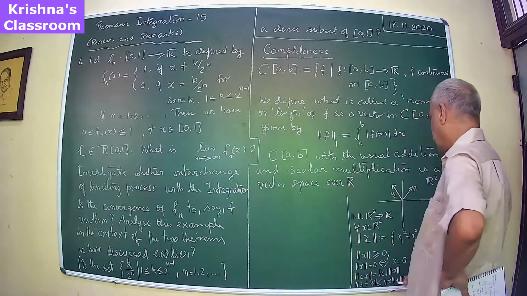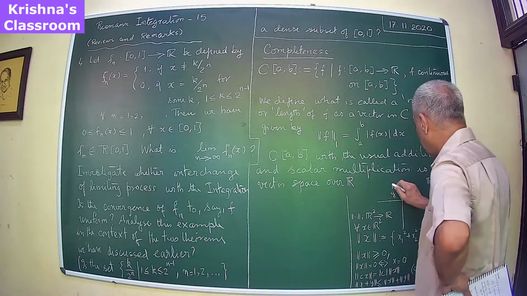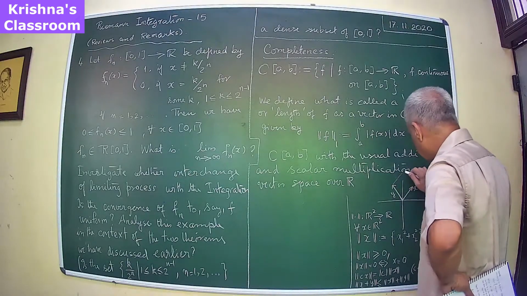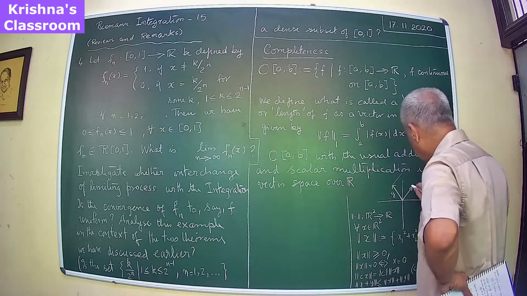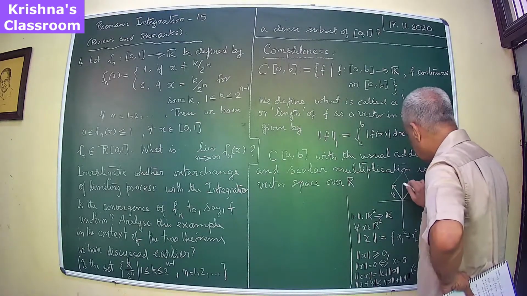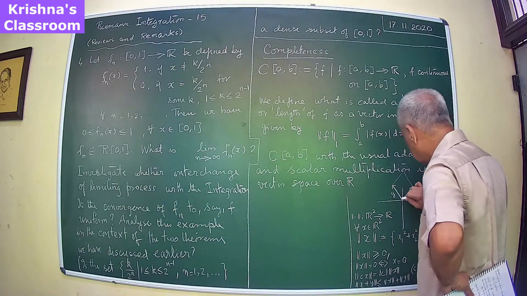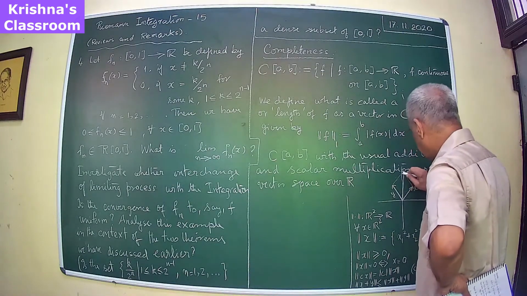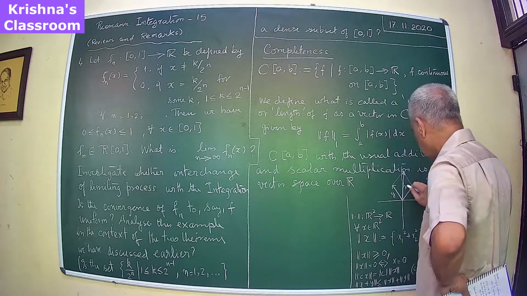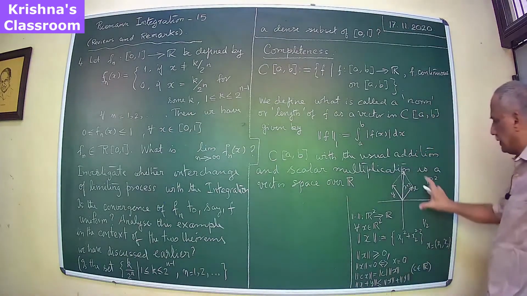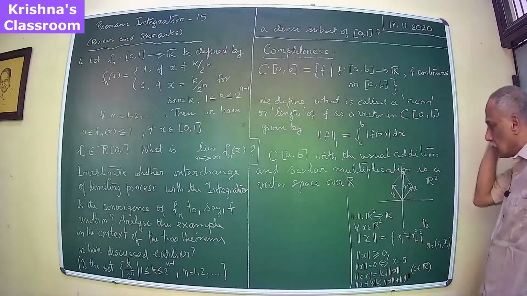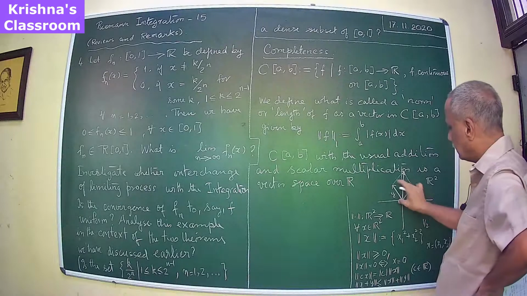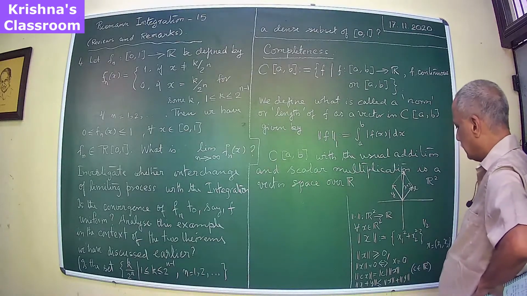And you also have the norm of x plus y. What is x plus y? How do you get x plus y? You get x plus y by completing the parallelogram. So this is the vector x plus y. What you say is that the length of x plus y is less than or equal to the length of the vector x plus the length of the vector y.